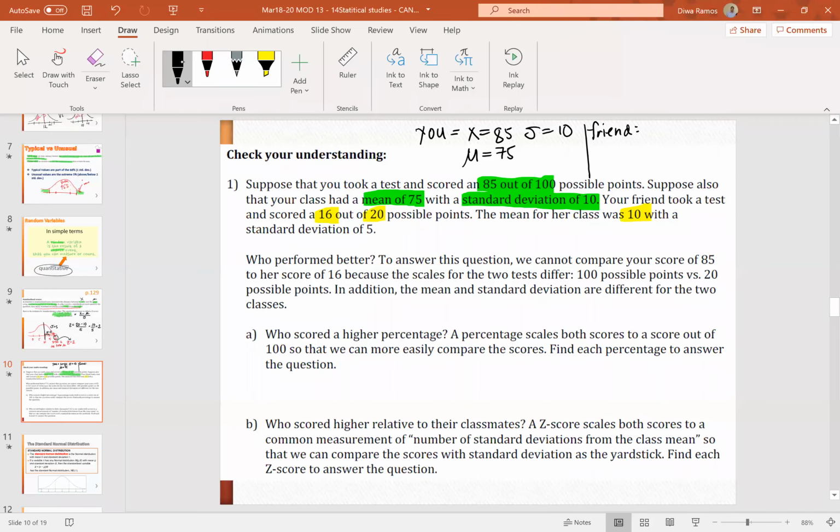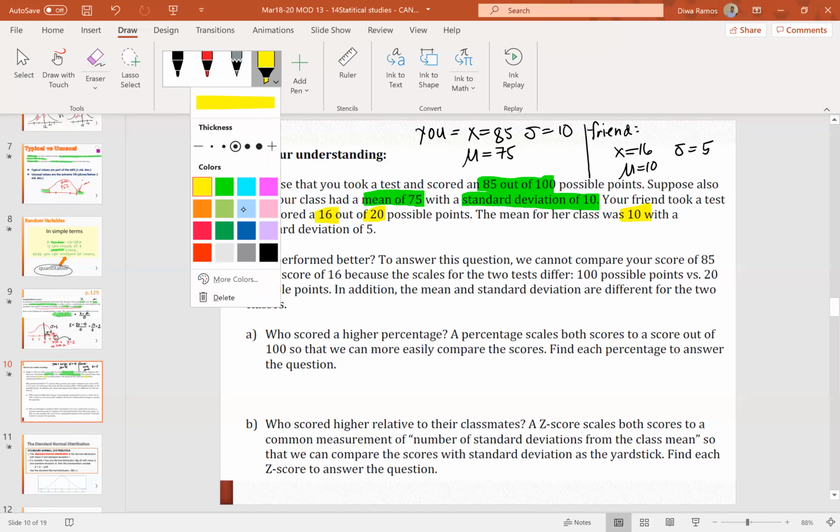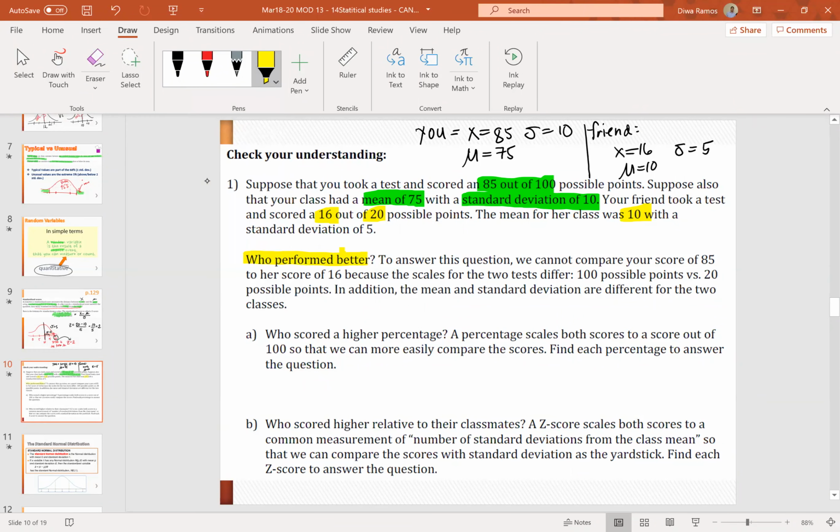All right. So your friend will have a score of 16. The mean is 10, and the standard deviation is 5. Okay. So who performed better? That's the question now. So which of the two scores actually is relatively better within their own groups, and amongst each other?